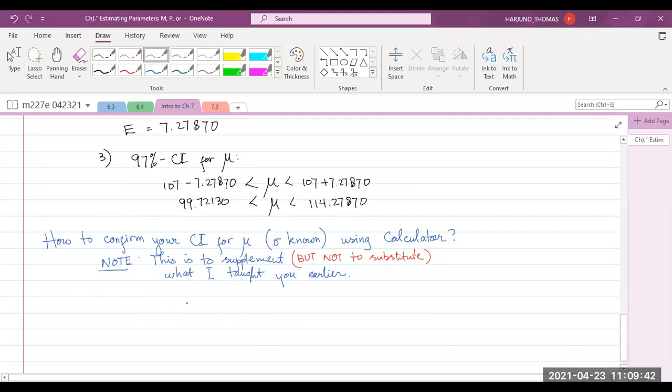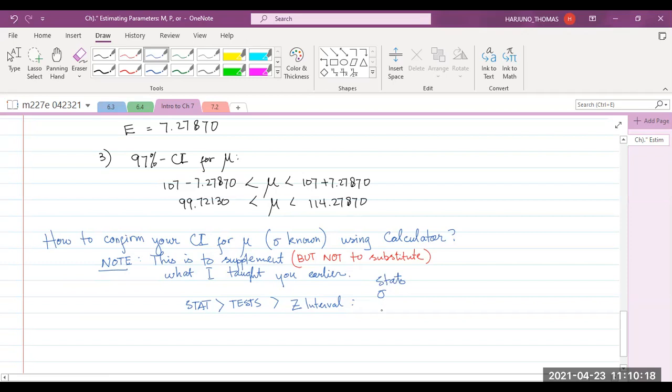And the way you punch your calculator will be as the following. You go to stat, and then go to test, and then you go to Z interval because your critical value is in Z score. Now then, because the numbers provided to you are statistics, the input will be stats.